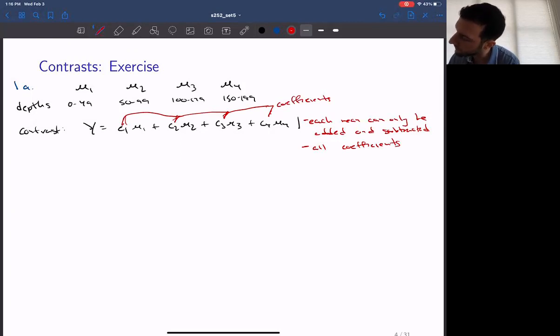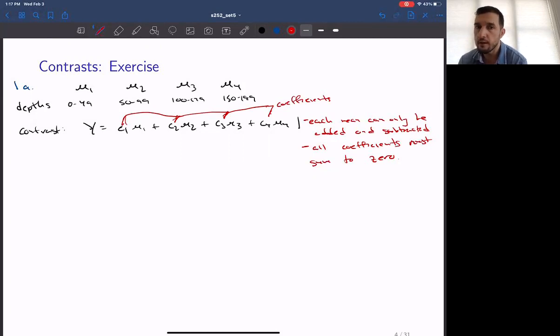must sum to 0. Okay, so basically when we set up a contrast, all we're really trying to do is pick the values of the coefficients, so in this case C1, C2, C3, C4, such that we can compare the means that we're interested in and such that all of the coefficients sum to 0.